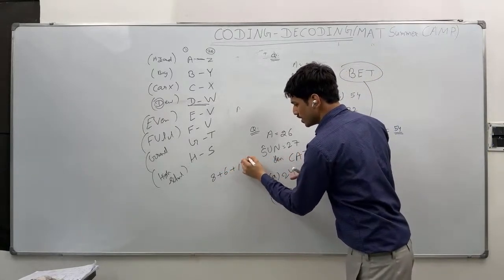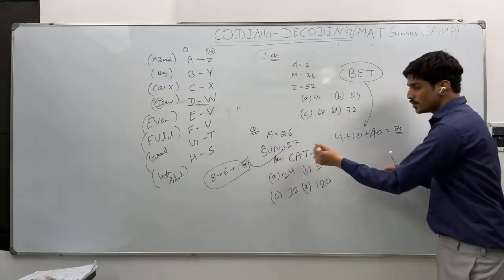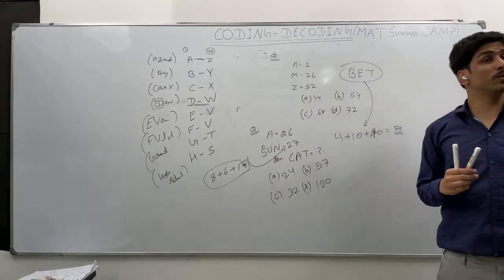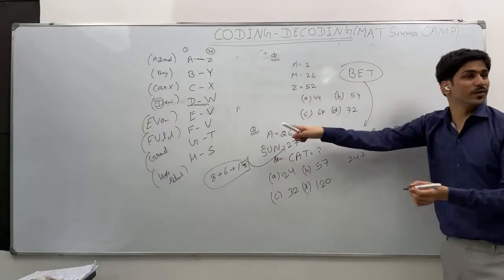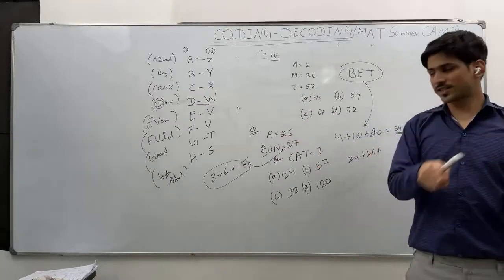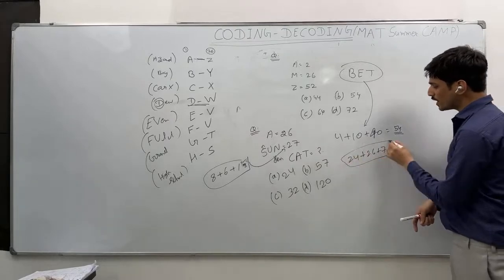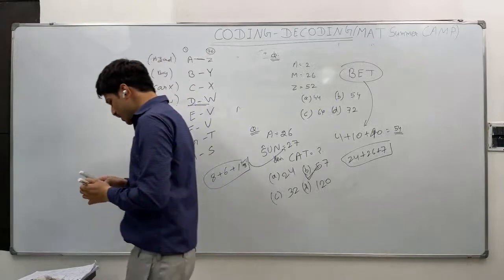So you see, this is 27. Then take the backward rank of everything. Backward rank of C will be 24, right? Backward rank of A is already given, 26. Backward rank of T, GT, so we can say 7. If you add all of them, what will you get? 57. Clear?